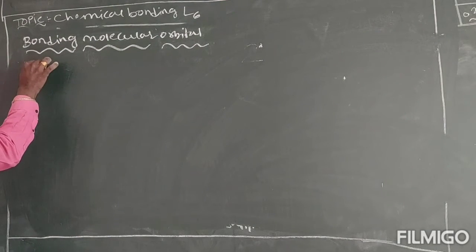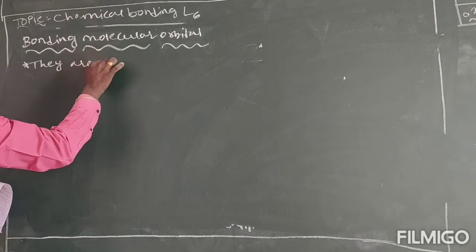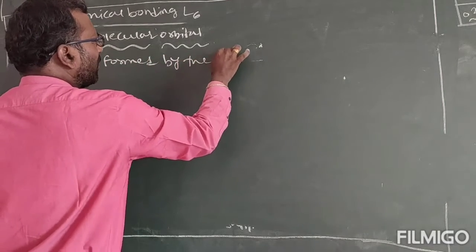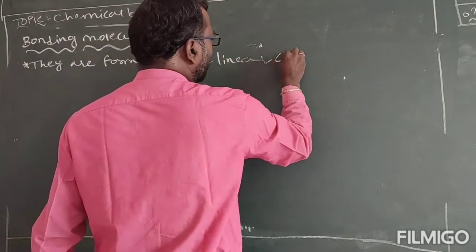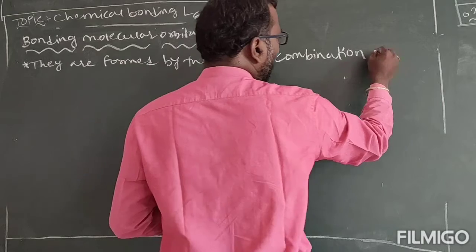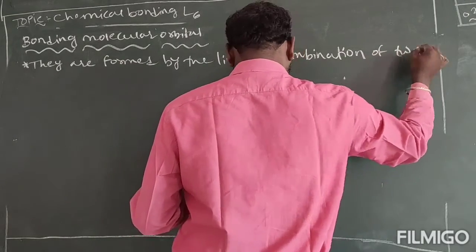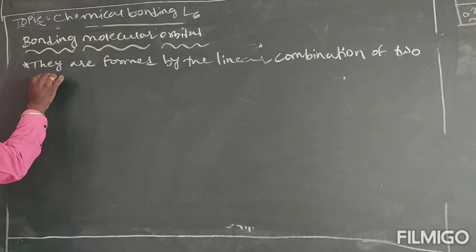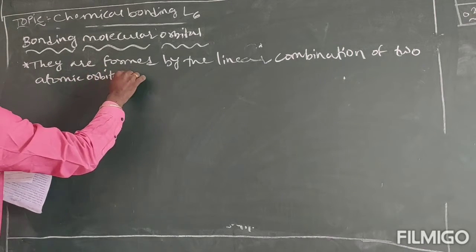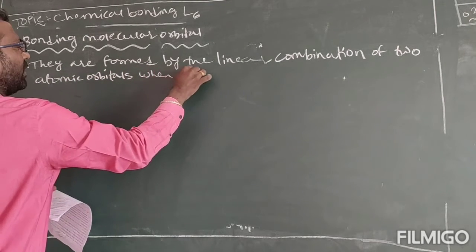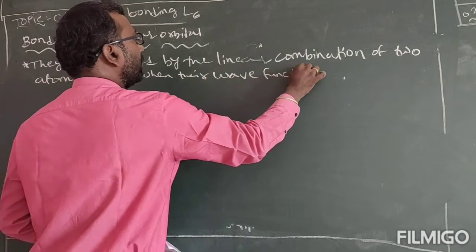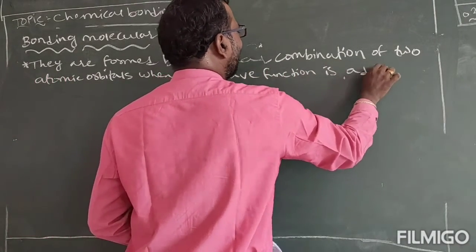First, they are formed by the linear combination of two atomic orbitals when their wave function is added.